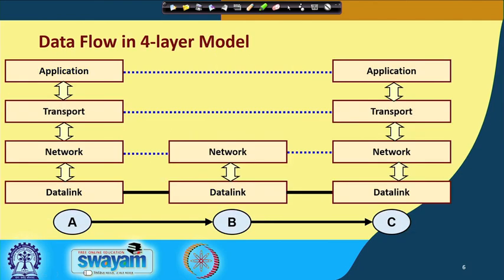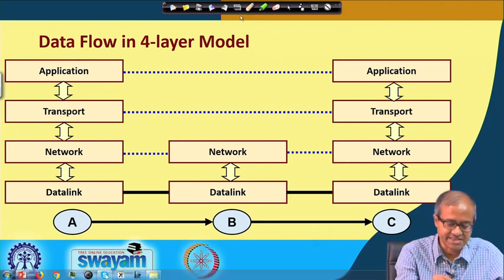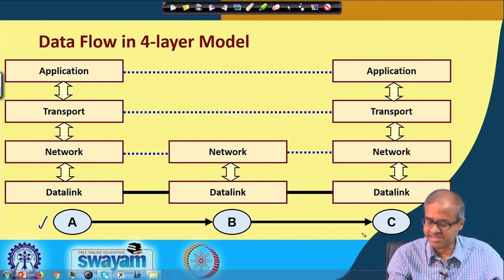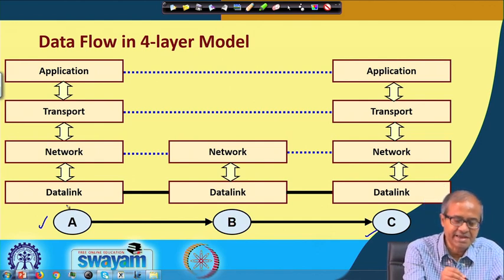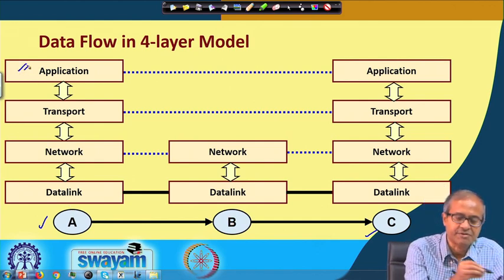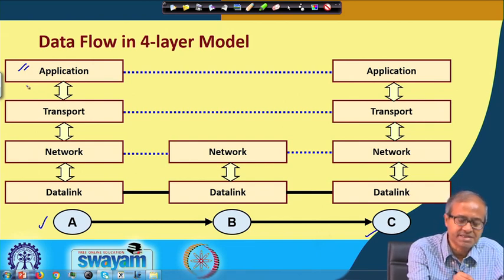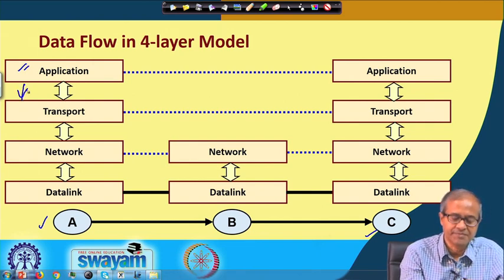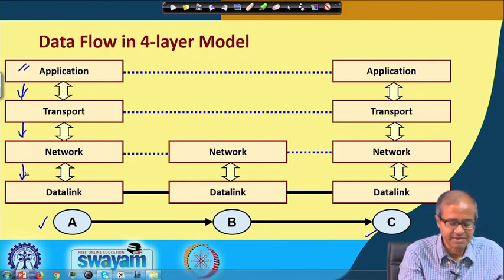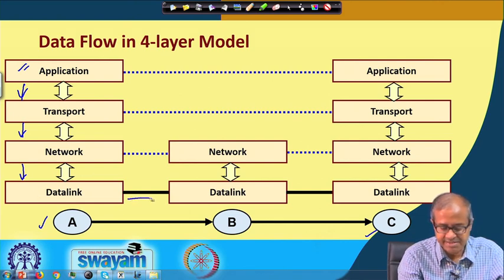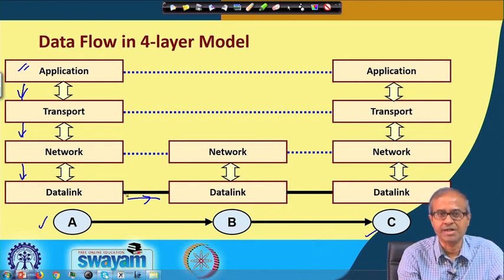Now, in this 4-layer model, when you think of the data transmission, again it is somewhat simplified, as you can see here. A is the sender, C is the receiver and B is an intermediate node. So, A generates some data from some application, from the application it goes down to the transport layer, then down to the network layer, then to the data link layer, and the data link layer sends the data actually over the data link or the point to point link.